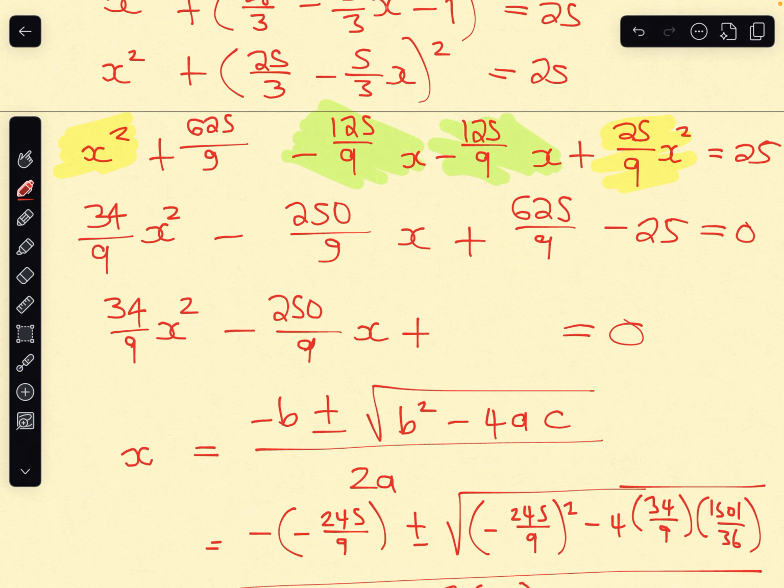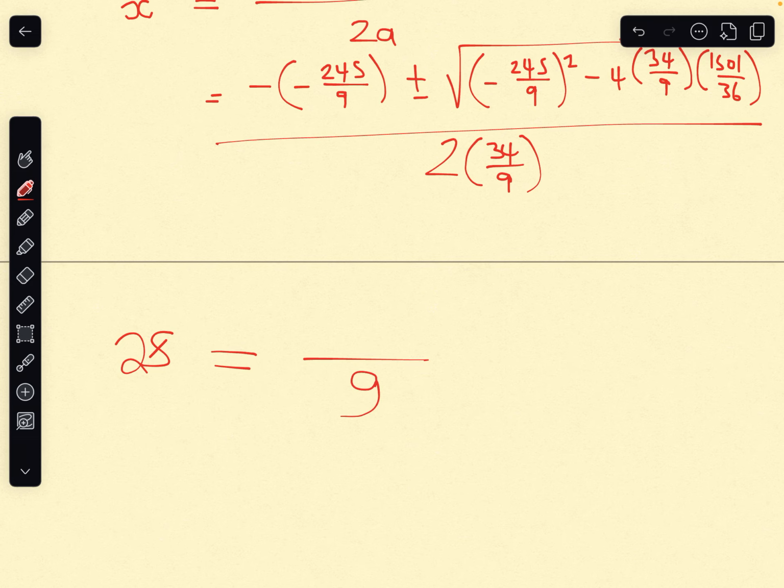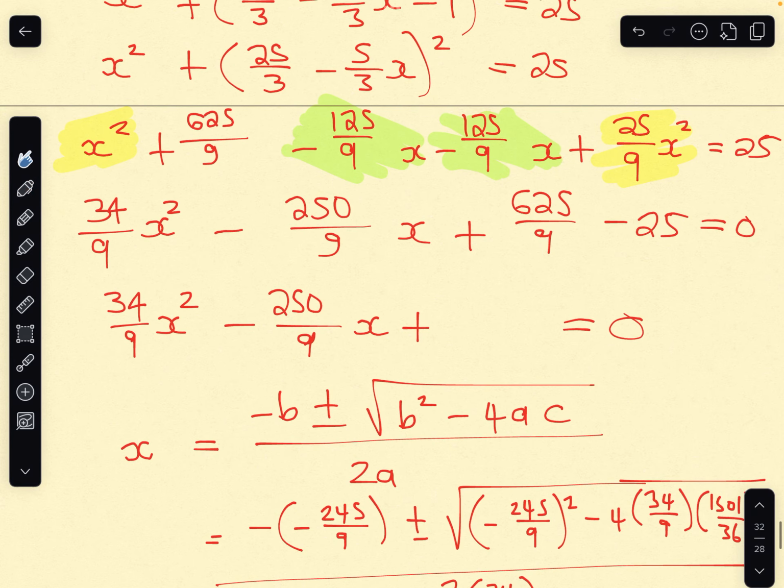Let's just quickly go here. If I want to write 25 as something over 9, what do I times? What's 9 times 25? 10 times 25 is 250, so 9 times 25 is 225. So this is 625 over 9 minus 225 over 9, so that is 400 over 9.